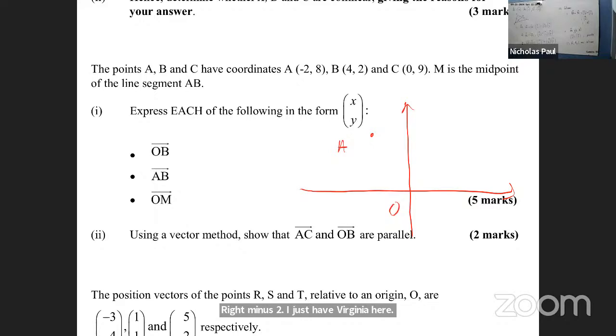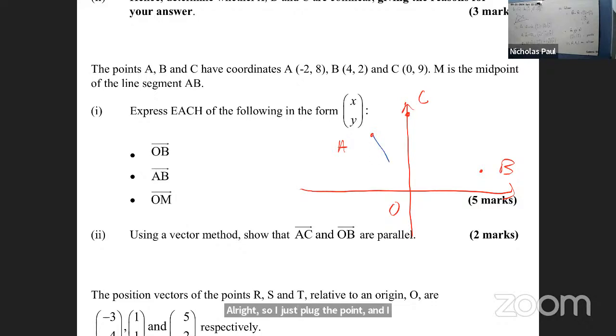This is the origin. Then (4, 2) is probably here. I am just approximating, as I said. And then (6, -6) looks like it's here. So I just plot the points and connect them up.